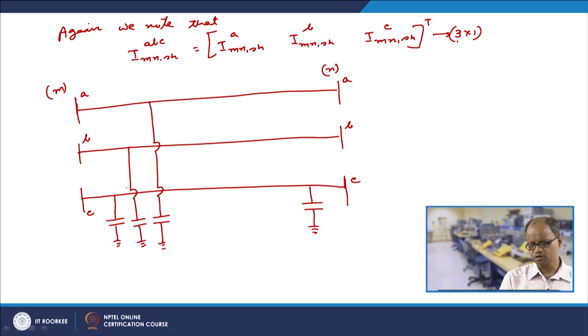Because of their proximity, they will have their individual admittance, and also their mutual admittance between these 2 and these 2 as well as these 2.